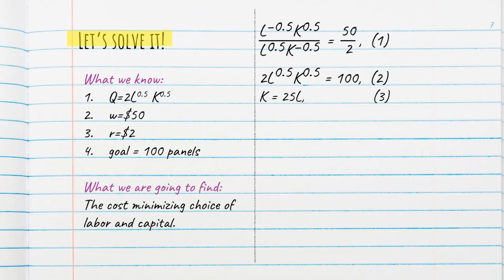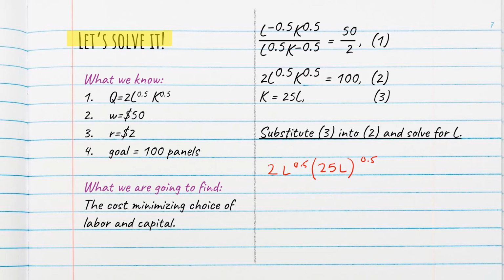From here, I'm going to take my equation 3 and substitute it into my isoquant condition. That's going to allow me to solve for L. Why? Because equation 3 tells me how K depends on L, so I'm able to eliminate K from equation 2, isolating L and solving for the cost minimizing choice of labor. So plugging it in, I get 2 L to the 0.5, and in place of K, I put 25L, and this whole thing is also raised to the 0.5 power equals 100.